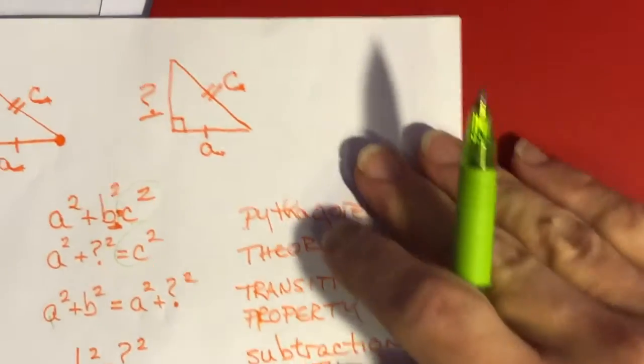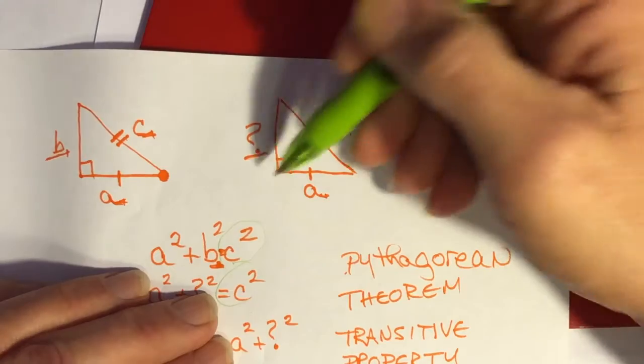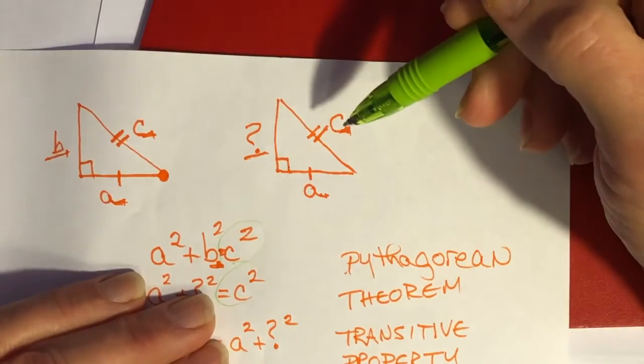All right. So now we've done those. There is one more shortcut to show you. And this one has to do with right triangles. And it only works for right triangles. But here's the situation. What if I have two right triangles? And I know they're right triangles, so I know one of the angles.